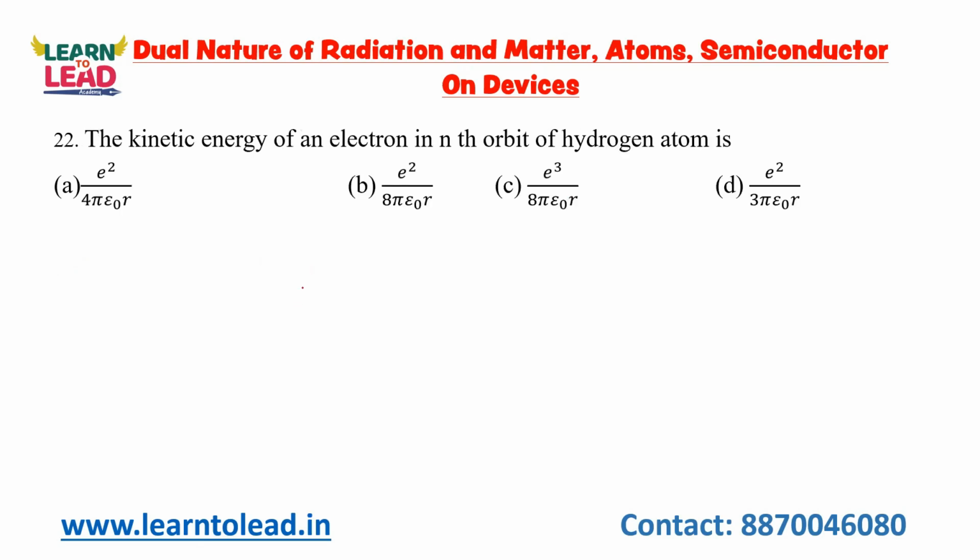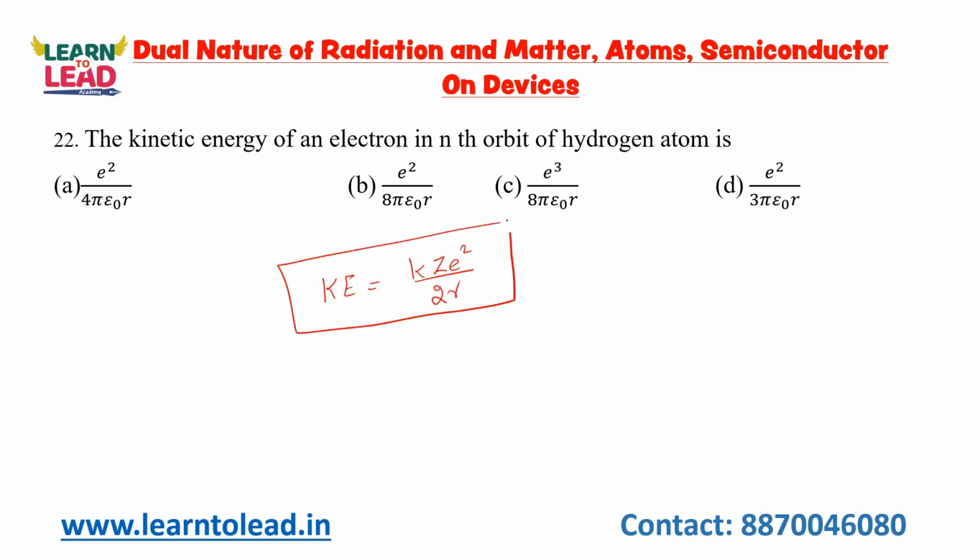Then, what is the kinetic energy of an electron in the nth orbit of hydrogen atom? So, kinetic energy is equal to K Ze square by 2R. Note down this formula.